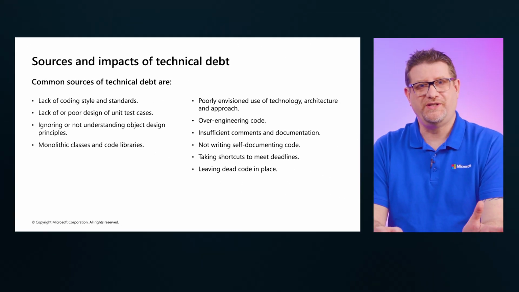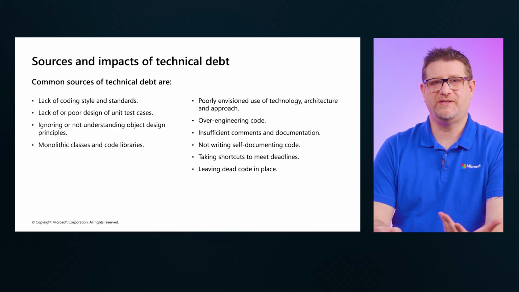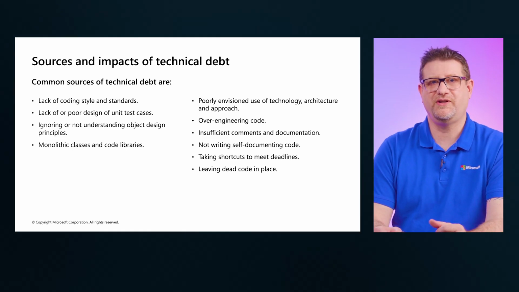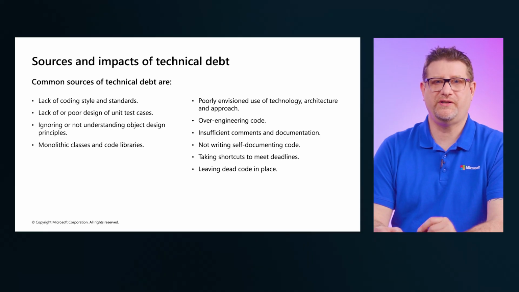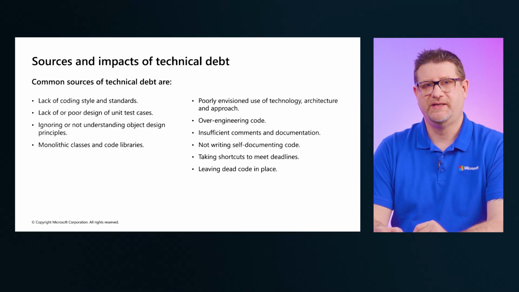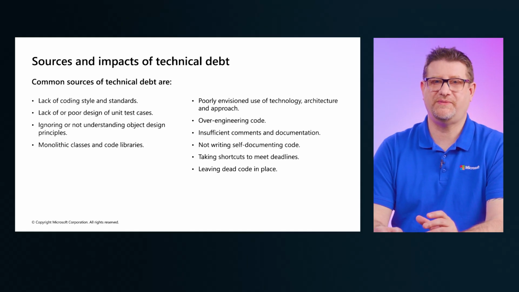Over-engineering, insufficient documentation, and not writing self-documenting code are also contributing factors. These issues can slow down future development, make code harder to maintain, and ultimately impact the quality and reliability of the software. By understanding where technical debt comes from, teams can take proactive steps to minimize its impact and keep the projects healthy and sustainable.